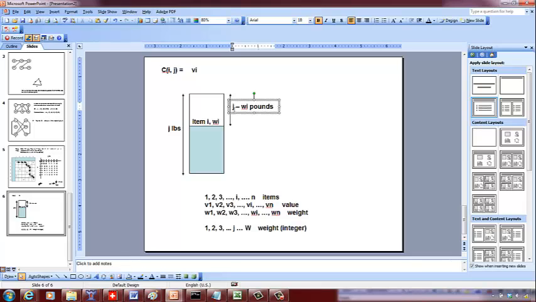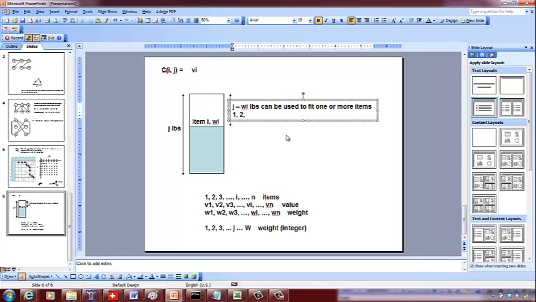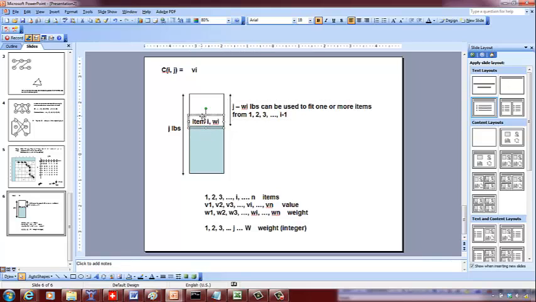That remaining portion has to be searched to see whether you can fit in one or more of the items 1, 2, 3 and so on. The remaining items are 1 to i minus 1, because item i is already going here.